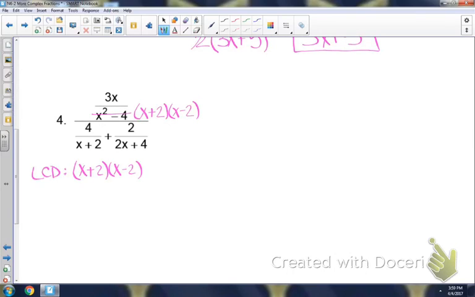Then the second denominator, we have an x plus 2. We already have that. Notice this denominator, we can factor a 2 out of that. You always have to factor in order to find your LCD. So notice we don't have a 2 by itself in the LCD, so I need to bring that down.